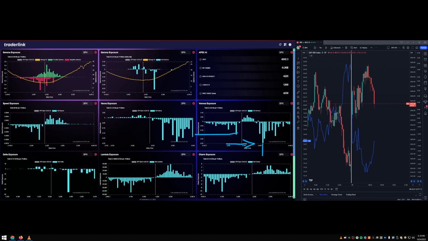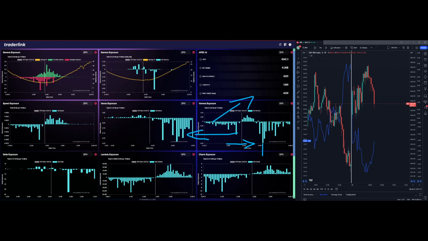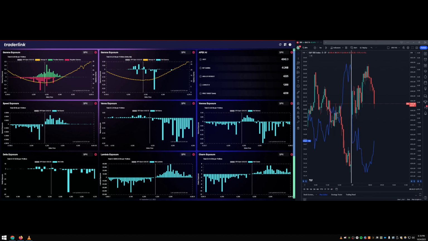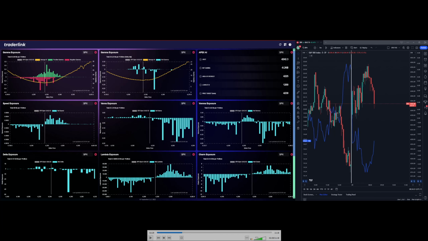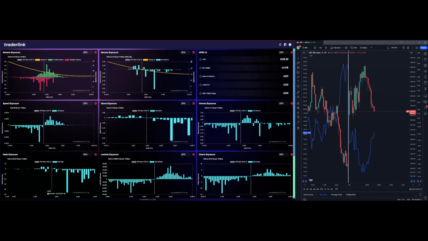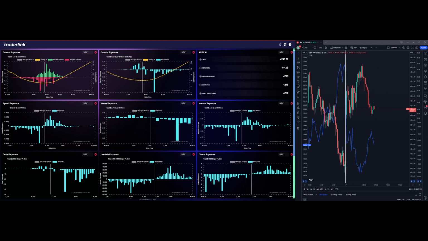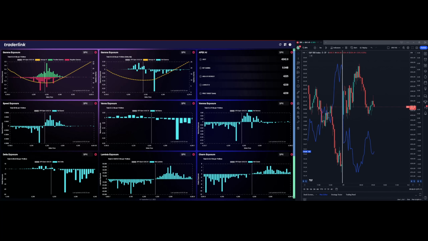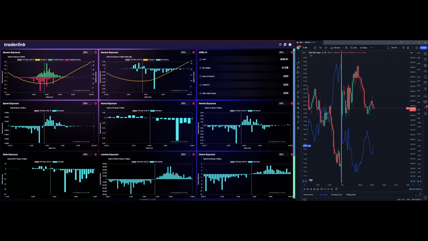As we go down, there's going to be a lot of buying, a la rubber band effect. So that's what starts to happen here. You can see on VANA as we move down, that flip point pushing us. Let's move down a little faster here.